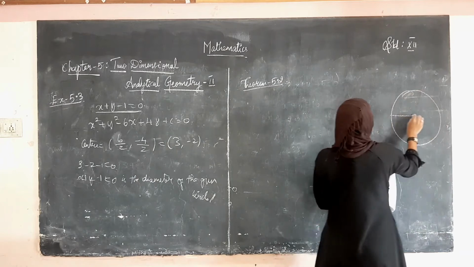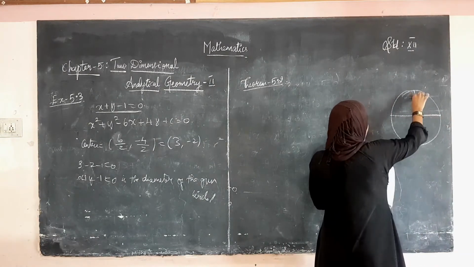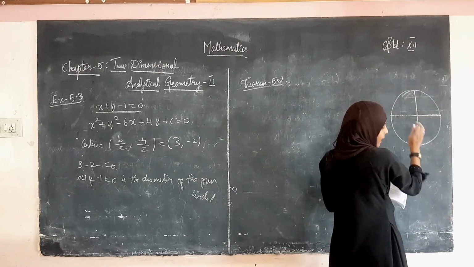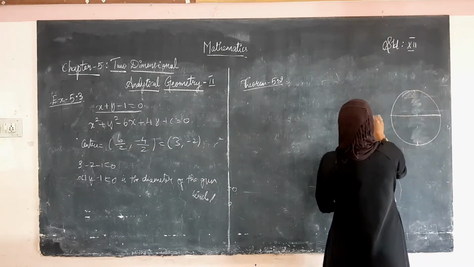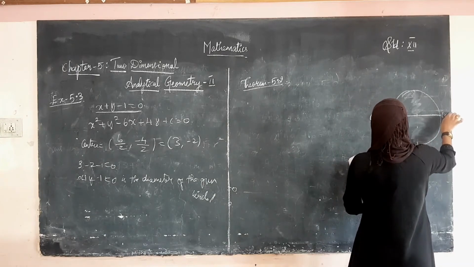See, let us take this as the diameter, and this is one point and this is one point. See, there are two diameters, right? This is one diameter. This is one point and this is one point. Now we are taking only one diameter. This one (x1, y1) is its point and this one (x2, y2) is its point.